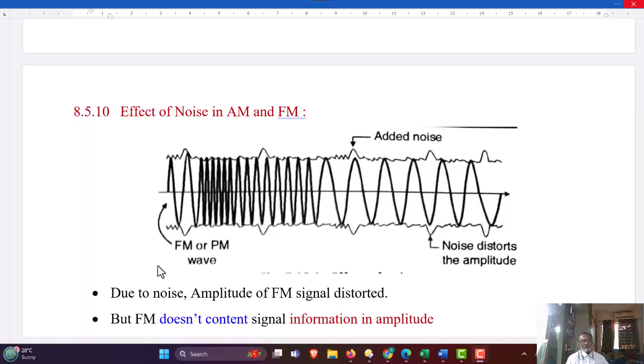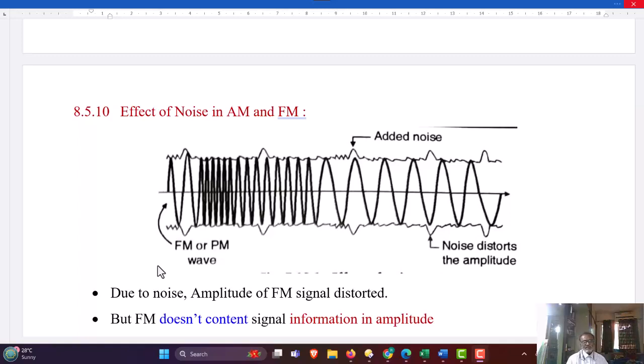Therefore, in the amplitude modulation case, this noise interferes with the information, because in AM the noise is variation in amplitude and the signal is carried in the modulated signal also in the form of amplitude variation. So they badly mix up, and therefore AM is susceptible to noise.